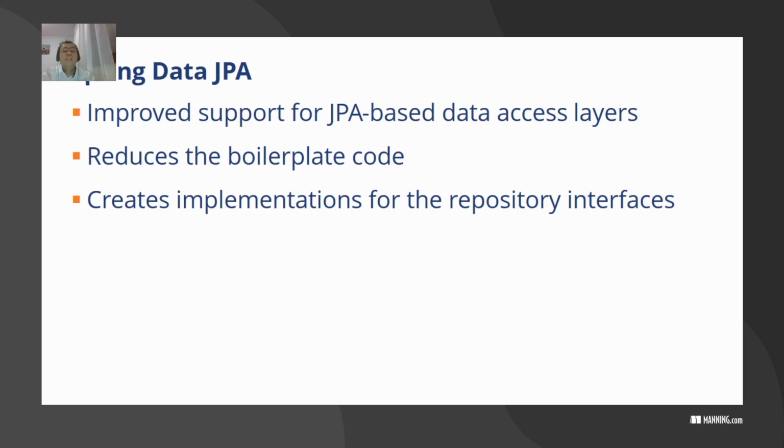And Spring Data JPA is a layer that comes on top of these ones. It provides some improved support for JPA-based data access layers. We are going to demonstrate that it reduces the boilerplate code, and it creates some implementations for the repository interfaces.